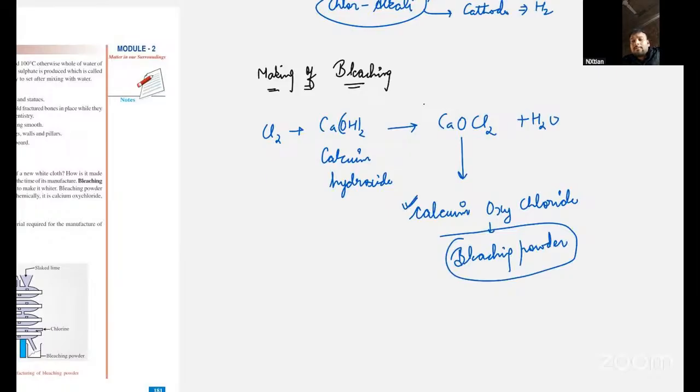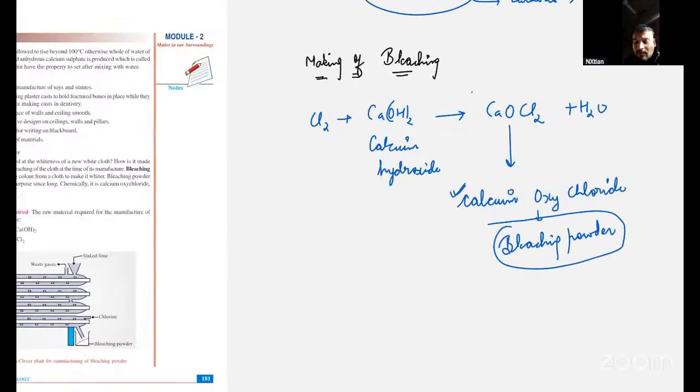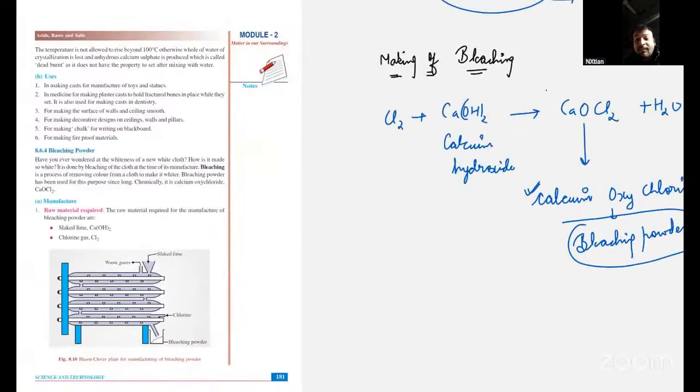If a white shirt gets a stain, that stain can be removed with the help of bleaching powder. We have bleaching solution, a liquid type. When you pour it on the white shirt, all the stain will be removed. So bleaching powder helps in removing the stain or the color or anything.